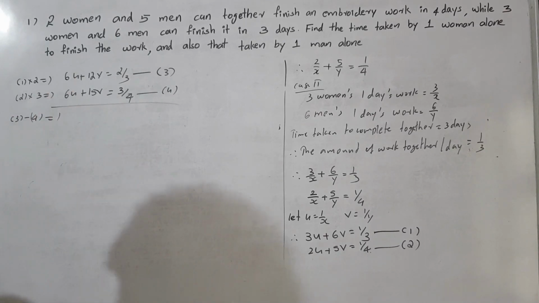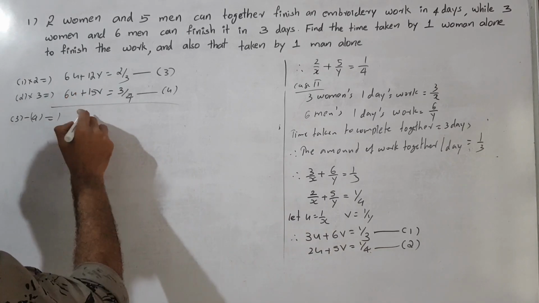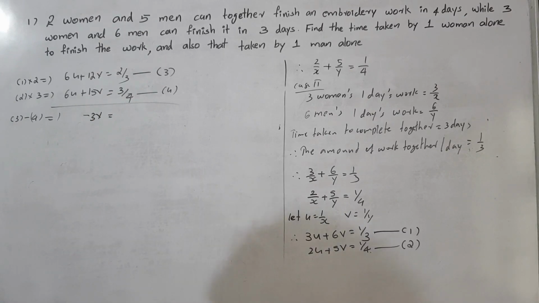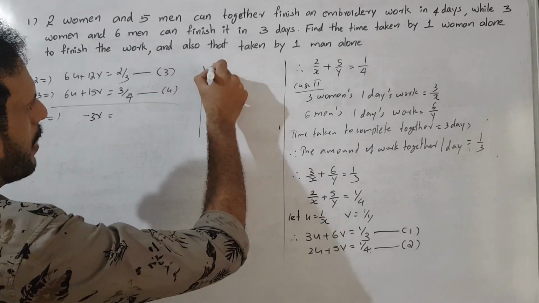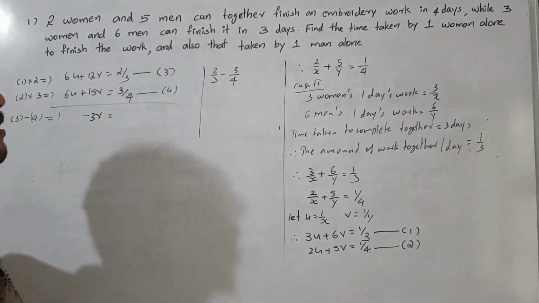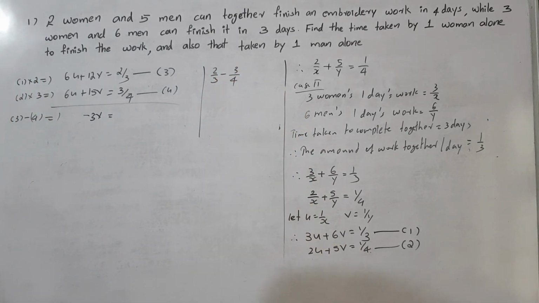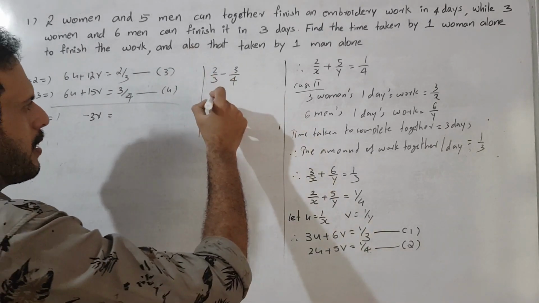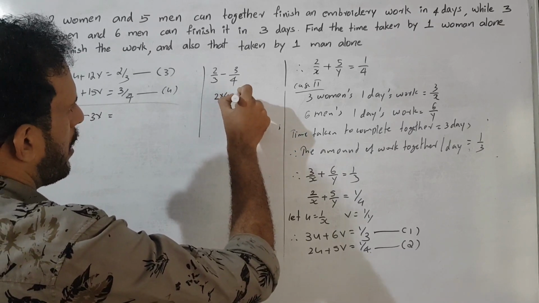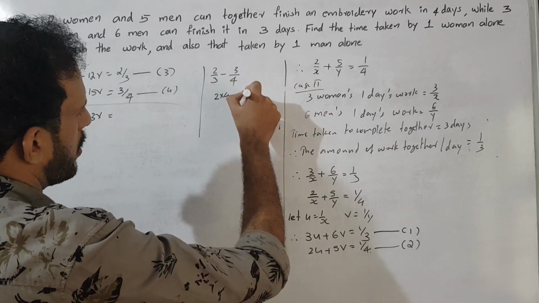Then 6u minus 6u is 0. 12v minus 15v is minus 3v. Then 2 by 3 minus 3 by 4. It is not possible to subtract directly because the denominators are not equal. So we make the denominators equal, then 2 into 4 minus 3 into 3.